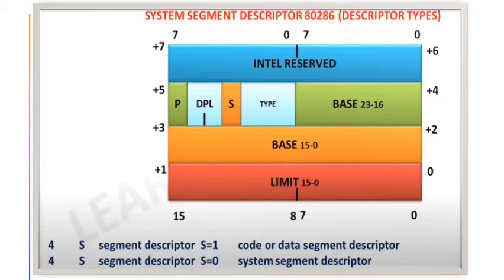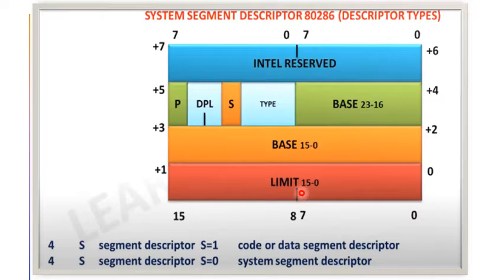The figure shows the system segment descriptor and its fields. This descriptor consists of a 24-bit base address of the segment and a 16-bit limit. The 16-bit limit, and the base address, bits 0 to 15 and 16 to 23, summed together make 24 bits.